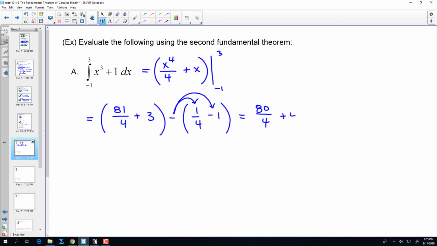So 20 plus 4 is 24. So the total exact area under this curve is 24 units. And even though we don't know a formula that would geometrically calculate the area under a cubic style curve, this method of integration doesn't require one.